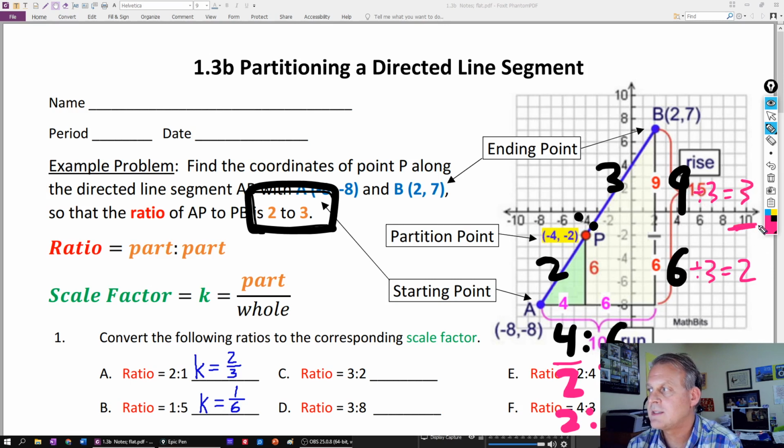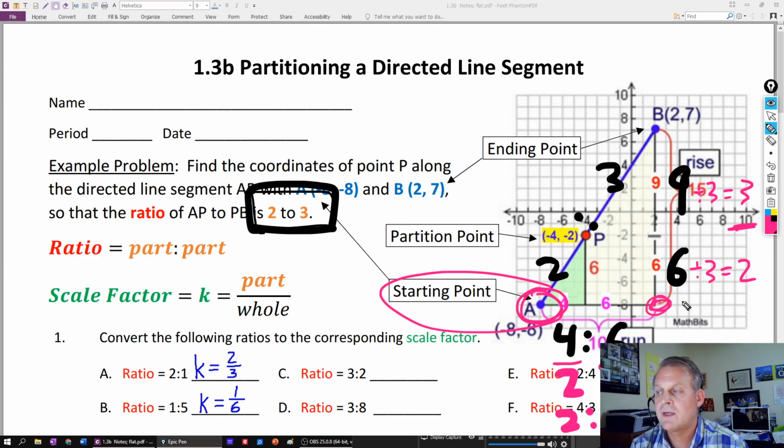So see there, I had the same ratio, oops, it's kind of going the other way, right? Because I'm going up. Here's my starting point on the bottom, and I'm going up. So I'm going up 6 steps, and I have 9 steps remaining, which is a ratio of 2 to 3.